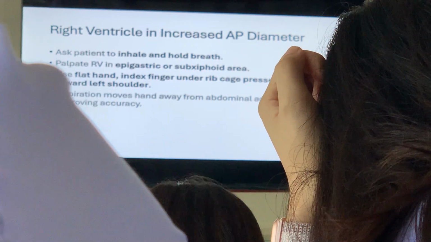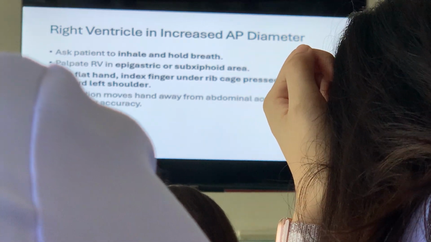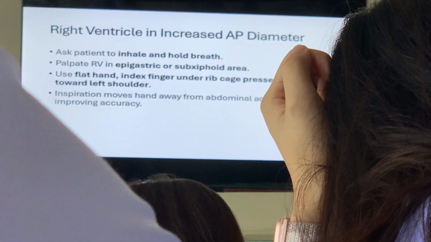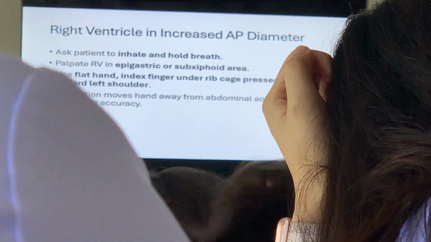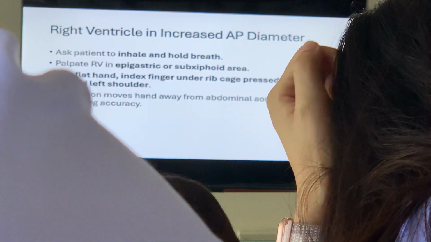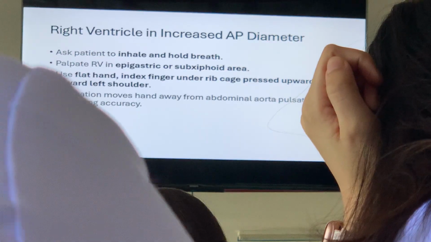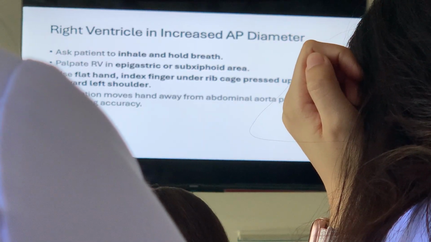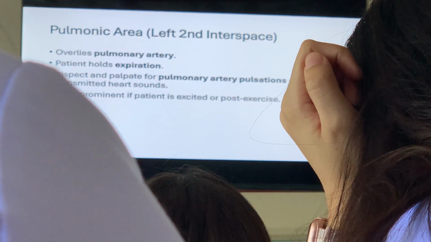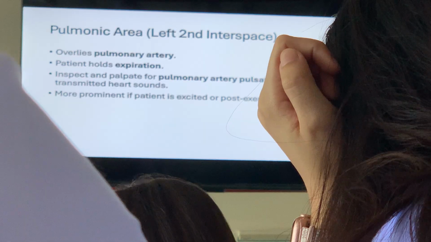So for the right ventricle, there's an increase in AP diameter. So you ask the patient to inhale and exhale, and then palpate the right side of the ventricle. As mentioned, starting from the BMI, you check the second, third, and fourth, and then go to the epigastric or subxiphoid area to check for the right ventricle. Okay. Then you ask the patient to take a deep breath again and assess. So for the pulmonic area, this is on the left second interspace.